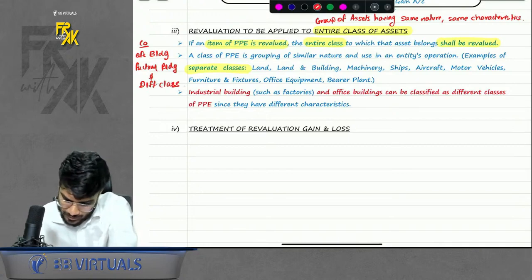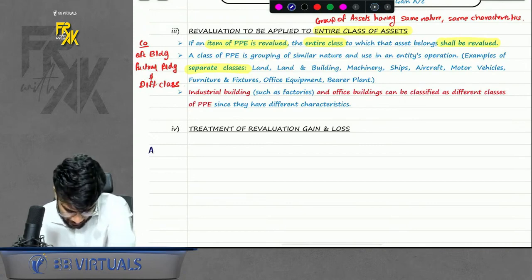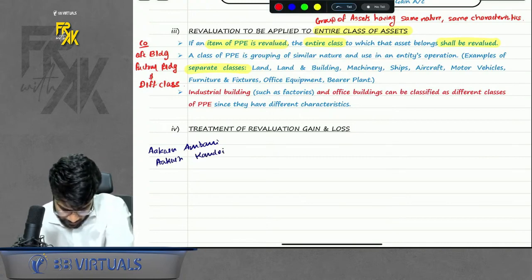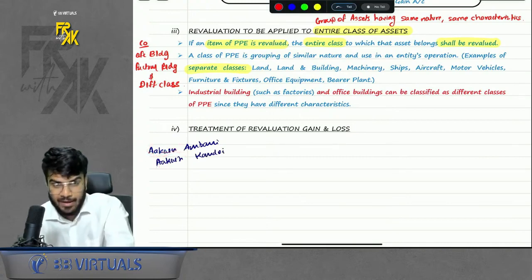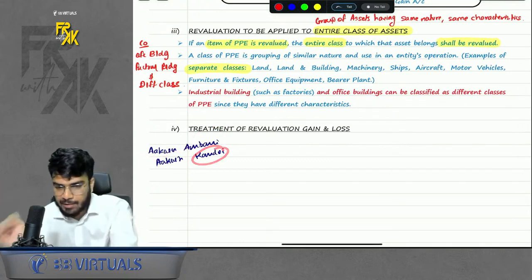That means you can apply different models on this. I'll give you a very simple example. You know Mukesh Ambani. Mukesh Ambani's son's name is Aakash Ambani. So we have Aakash Ambani also, and we have Aakash Kandoi also. Do you feel just because our name is same, our net worth will also be same? Of course not. Aakash Ambani is very, very rich. Aakash Kandoi is very, very poor.